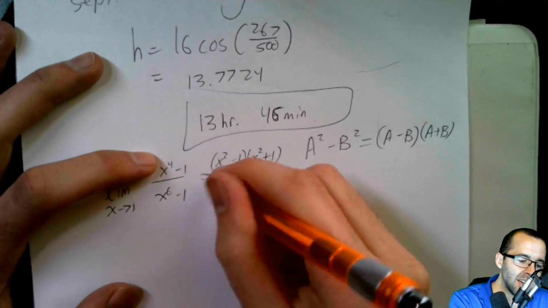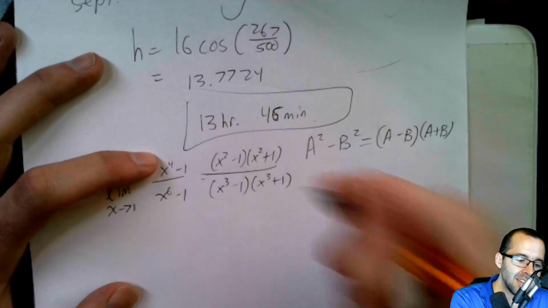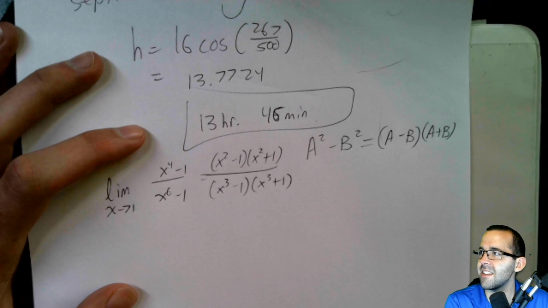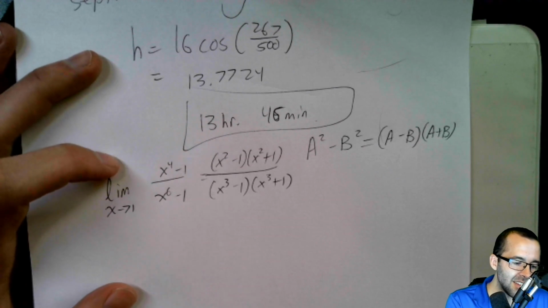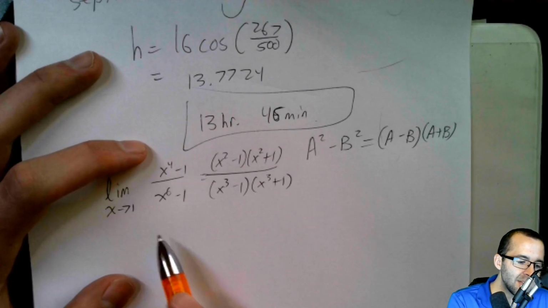And the denominator is x cubed minus 1, x cubed plus 1. Yeah, and then, wait, is this even necessary? Wait, maybe this is necessary. Yeah, it's probably necessary. That's one way to do it.